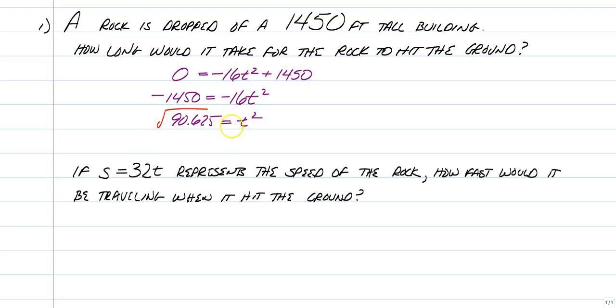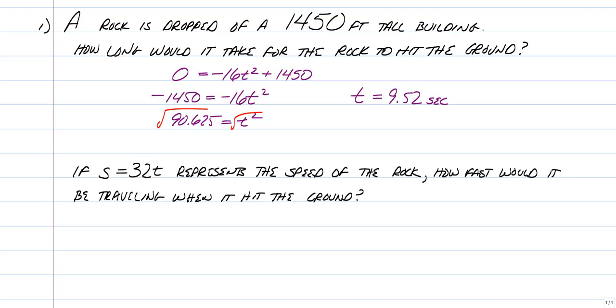So if we were to just square root both sides, we would end up with t is equal to 9.52 seconds. So that means if we were to drop a rock off of a building that tall, it's going to take 9.52 seconds to hit the ground.